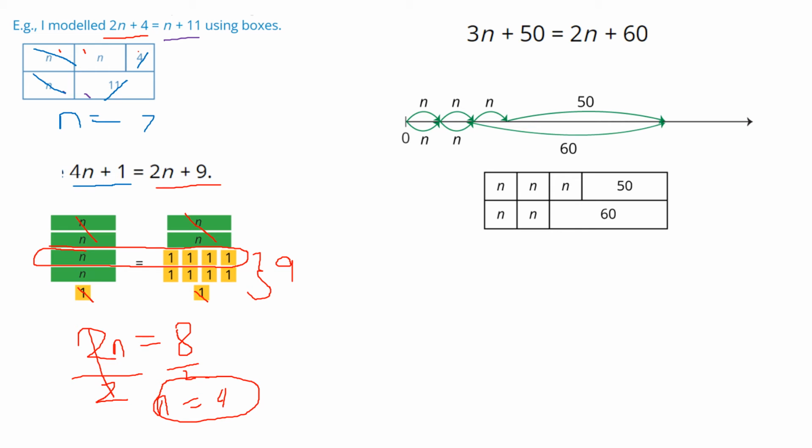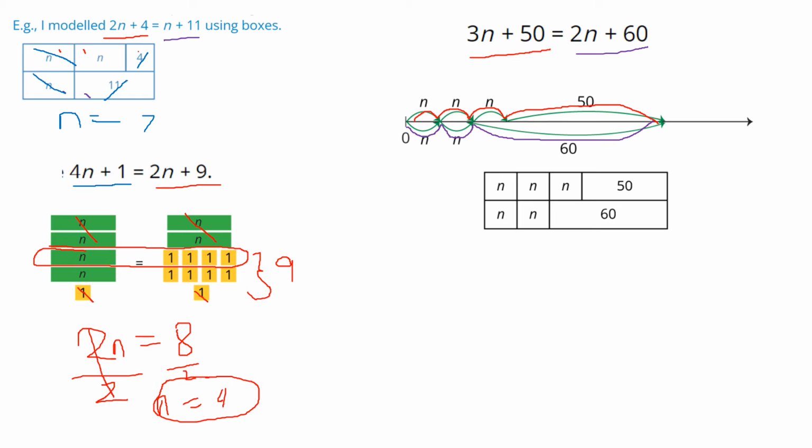Over here to the right, 3n plus 50 equals 2n plus 60. So we're showing you on a number line again. The 3n plus 50 is on the top. So 1, 2, 3 jumps of n plus the big jump of 50, and 2n plus 60 on the bottom. So 1, 2 small jumps of n and a big jump of 60 on the bottom.